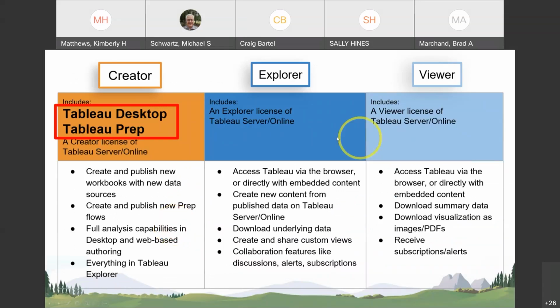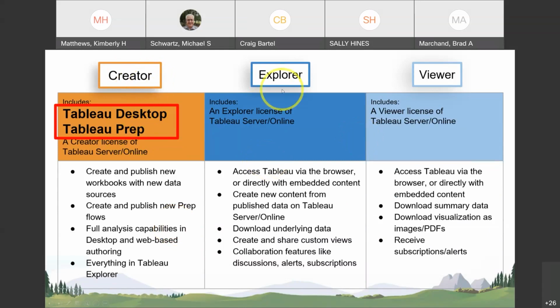I won't spend time on this slide, but I will just mention it. There are different user types. Your people that do the bulk of content creation and are interacting with Tableau on a daily basis to create content would be either creators or explorers. The only major difference with a creator is that you get Tableau Prep free of charge with the product. Again, it is a desktop-oriented product.